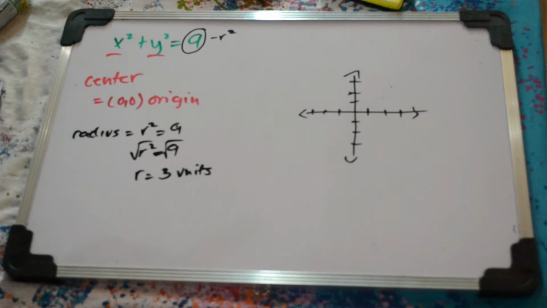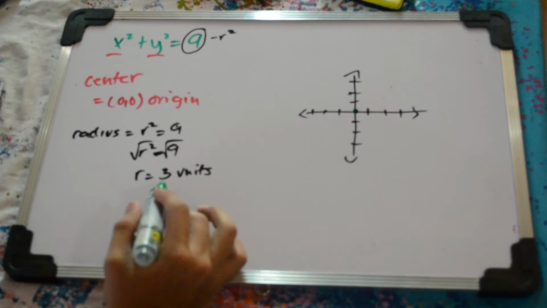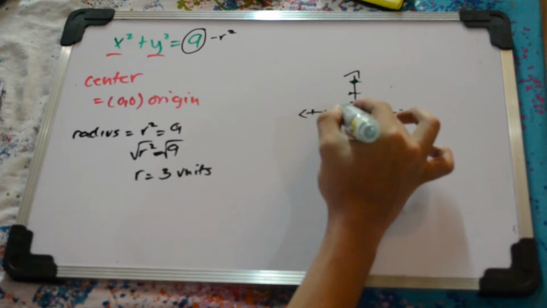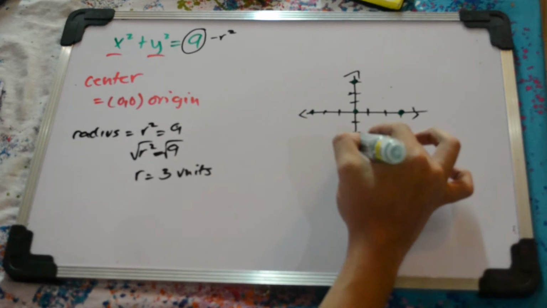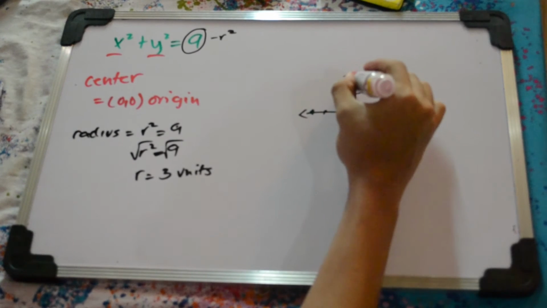Now let's plot the points. You have the origin at (0, 0), and you have the radius, which is 3 units. 1, 2, 3 in each direction. All you have to do is trace it.